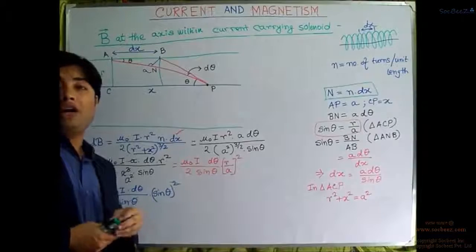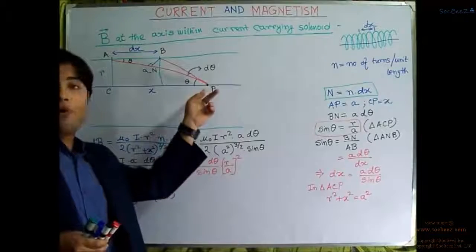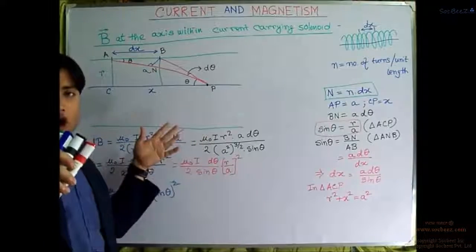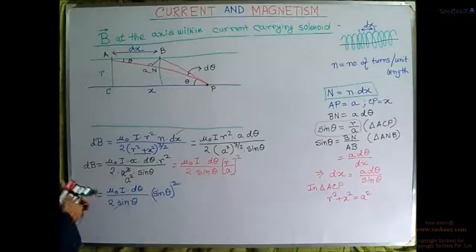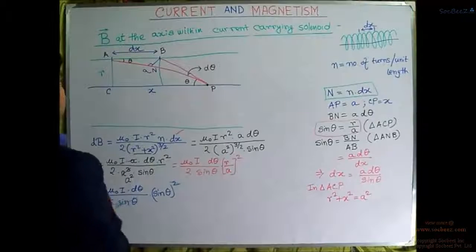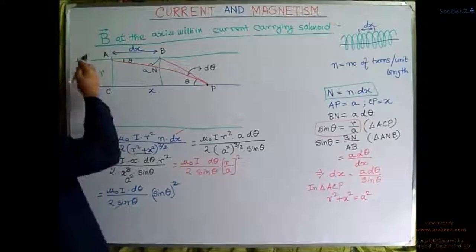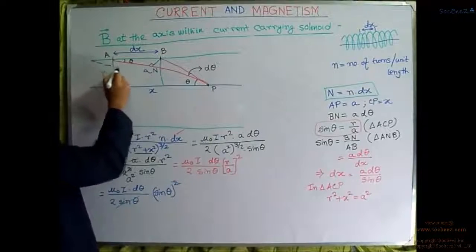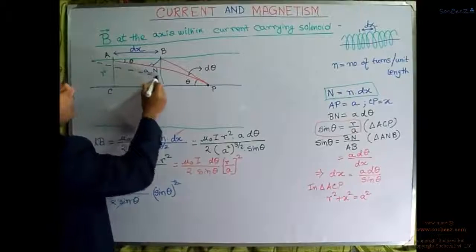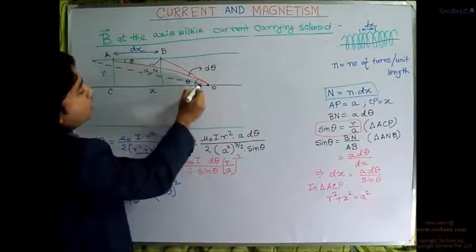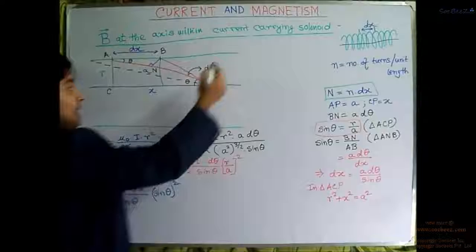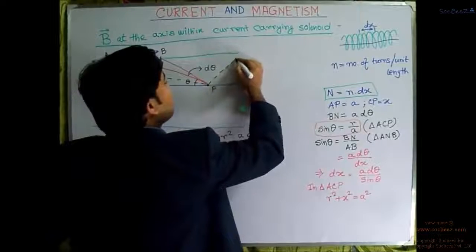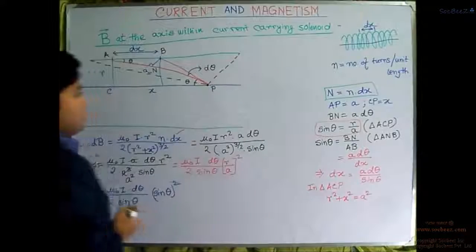Now we need to find out the actual B at this point P for the entire solenoid. Say for example, in this particular case, it starts from this point. So we are going to draw a line from over here to P. And it ends up over here, so we will draw another line that ends up at the ending point.